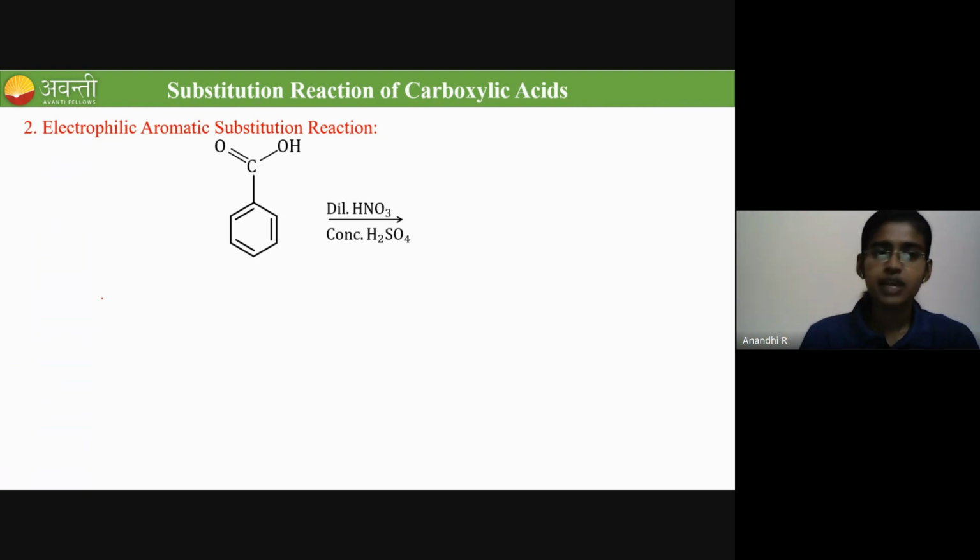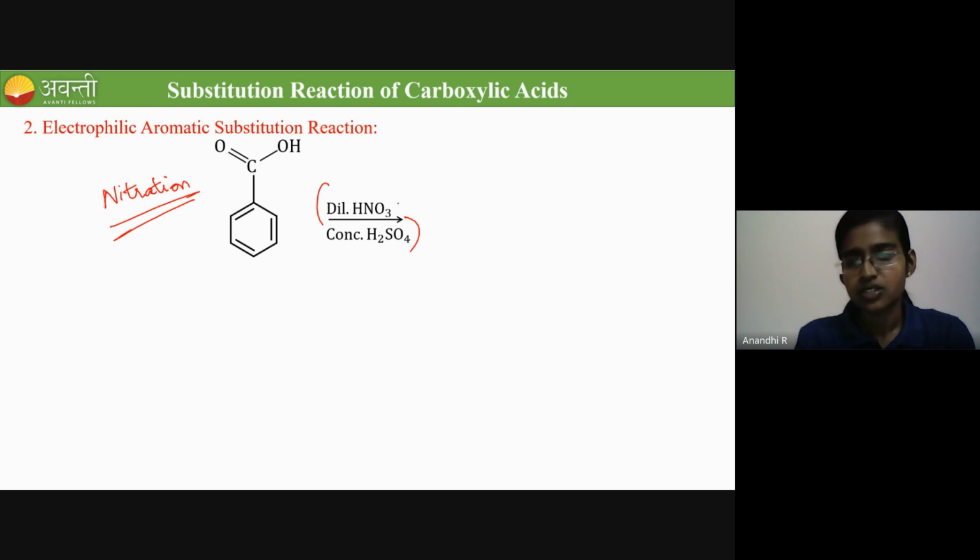What is the name of this reaction? These two are the electrophilic reagents, and the name of this reaction is nitration, as these reagents are the nitrating mixture. We'll get an electrophile from this nitrating mixture, which is called NO2+.